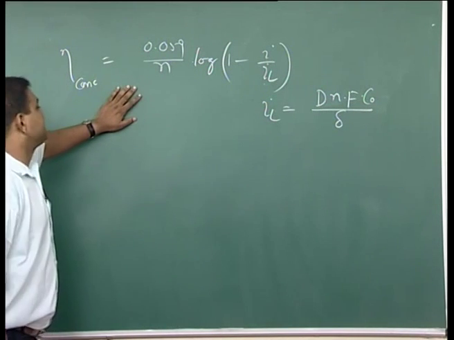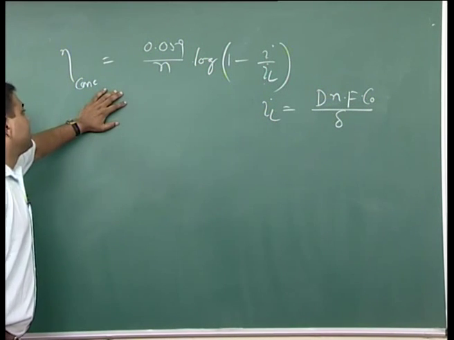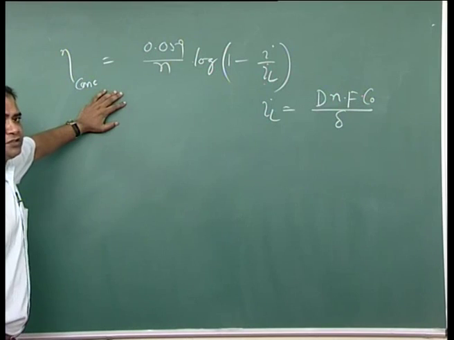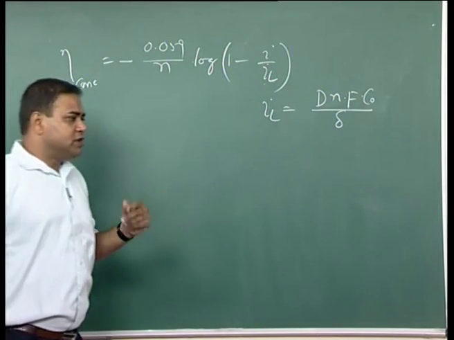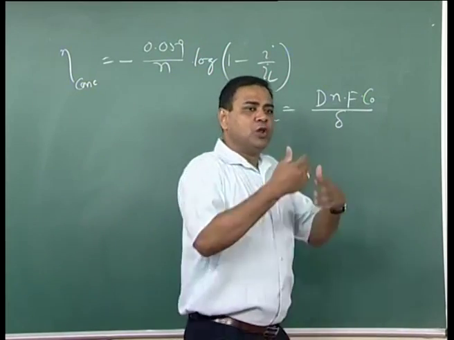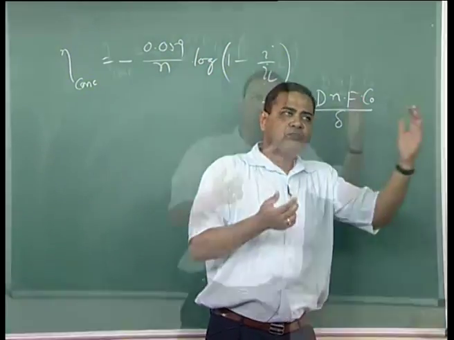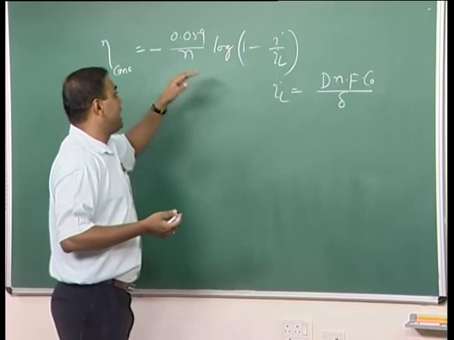Now, this is my concentration polarization, and we are considering cathodic concentration polarization. We have to put a negative sign, because we know that cathodic polarization means the lowering in potential from the equilibrium potential. So, it will have a negative value.